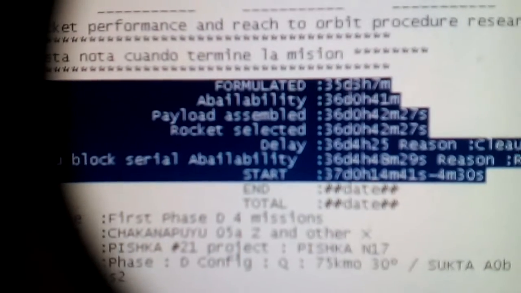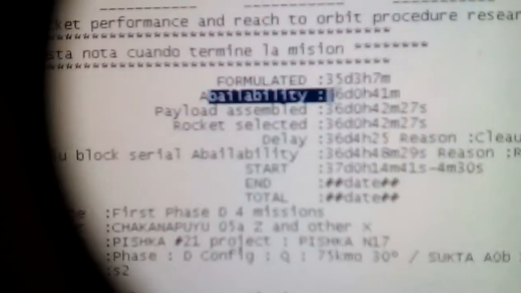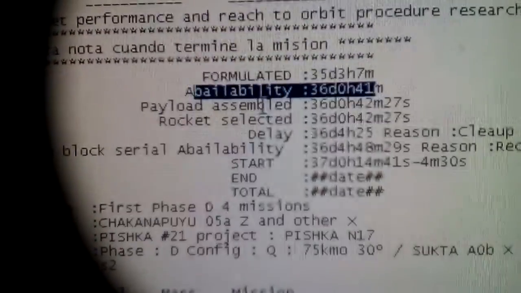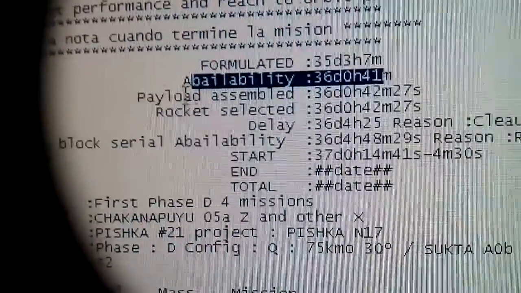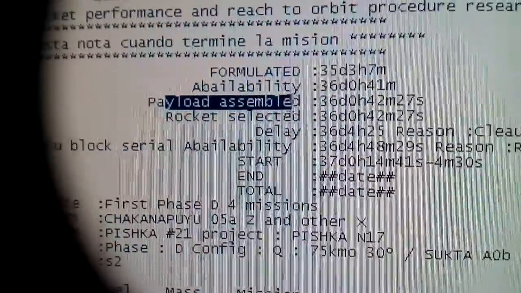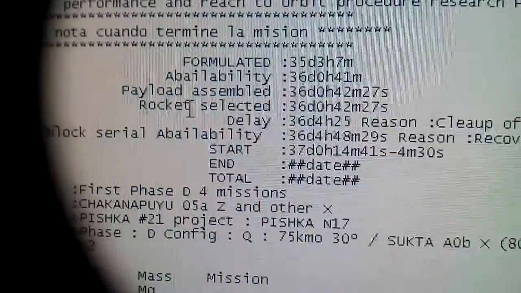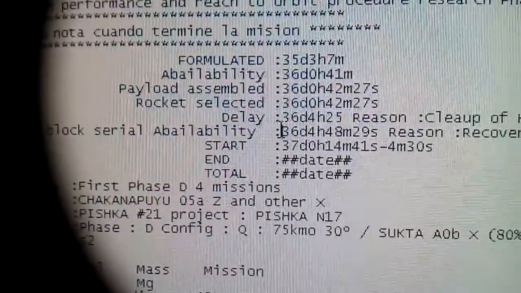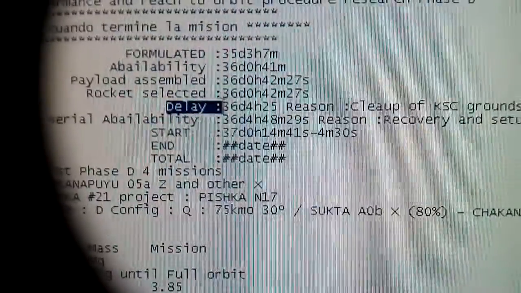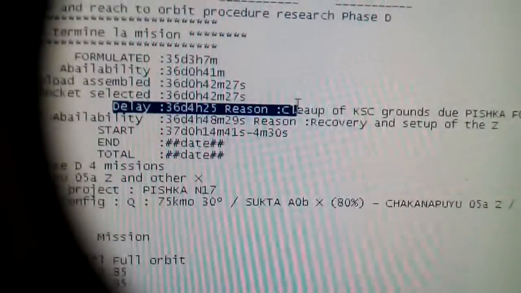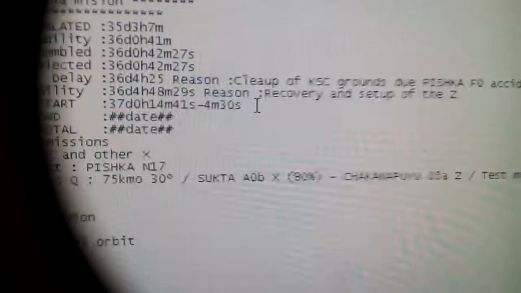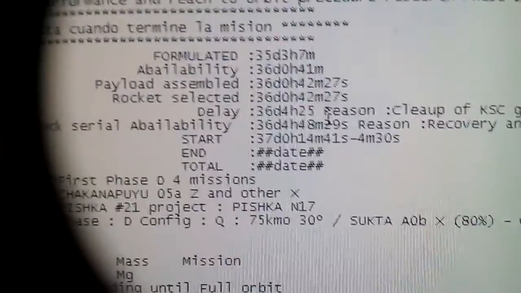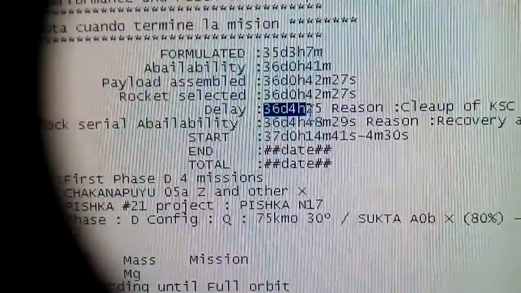When the mission is formulated, when the mission is available by conditions, when the pilot is assembled in the vertical assembly building, when the rocket configuration is selected, if there is a delay, in this case due to the accident like I said before, KSP needs to clean up, and this will be available at this time.